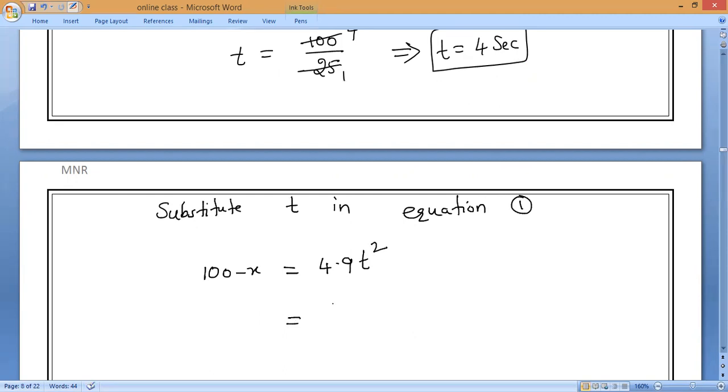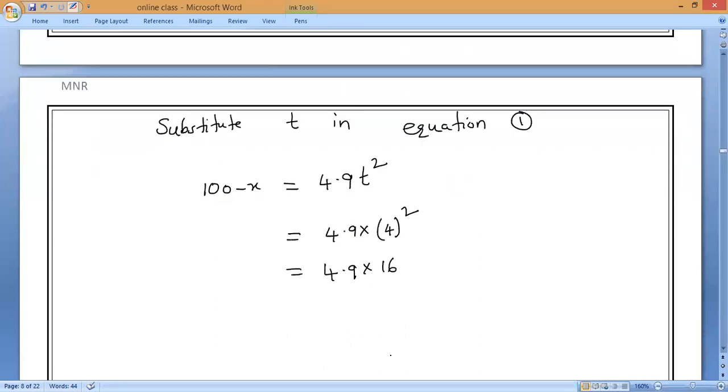So now, if we substitute in this one, observe: 4.9 into t value, how much, guys? 4 whole square, which is equal to 4.9 into 4 square, that is 16. So solve it fast, everybody. If we solve this one, we will get 78.4, which is equal to 100 minus x.